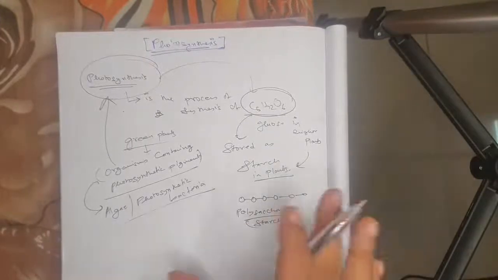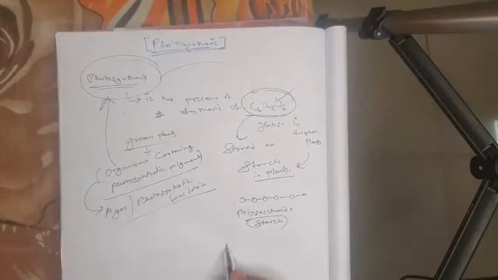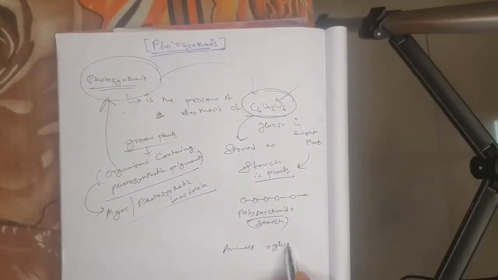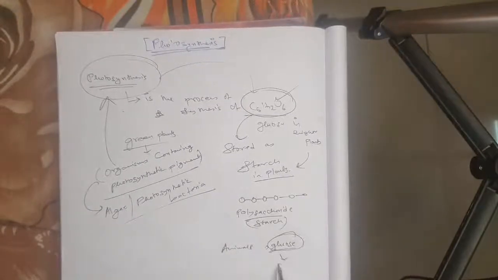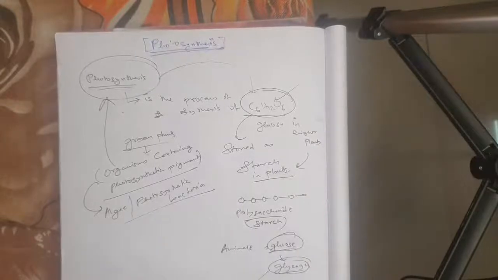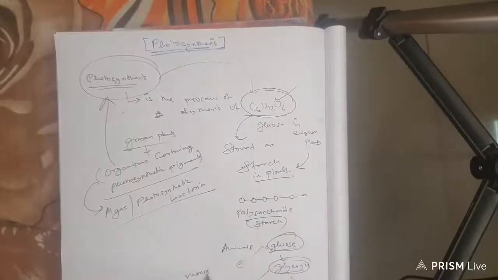Many students ask me why not store it as glucose? In animals or humans, the extra glucose that we have taken up and not utilized to form energy is stored as glycogen. Again, it is a polysaccharide, and glucose is a monosaccharide.